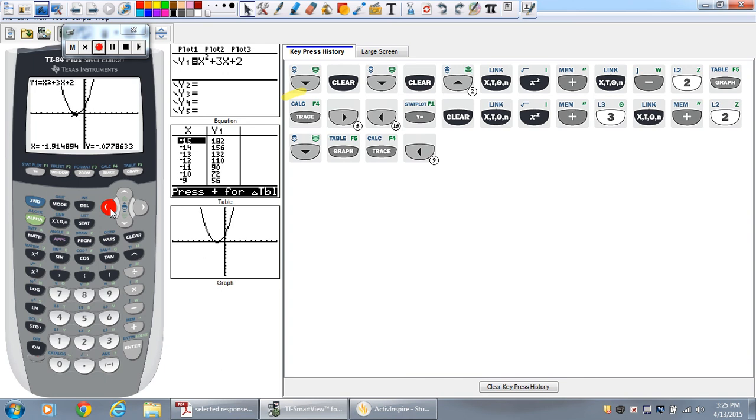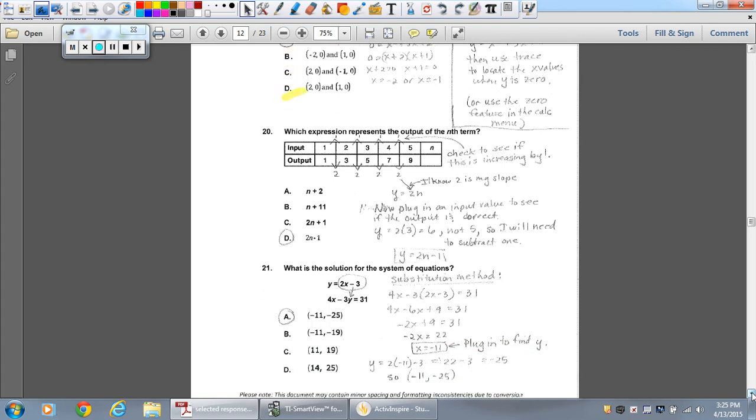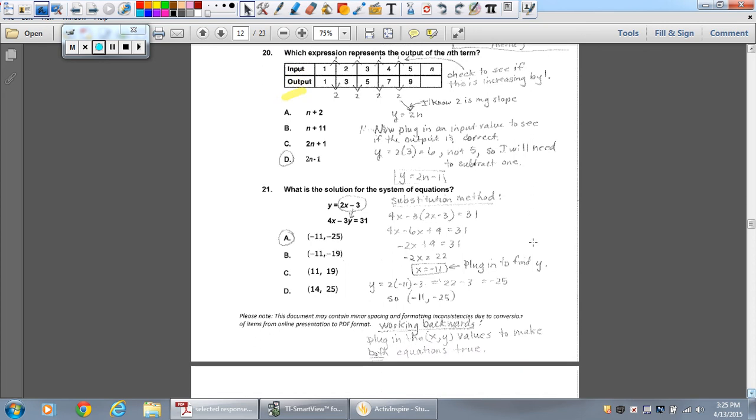And I'm going to see when y is 0 again, or really close to negative 2. So then I can look at my answers, and it seems like at (-2, 0) and at (-1, 0), it is correct. So I could always go through and do the problems and then go back and just check them by graphing. So any of the ones that I could possibly check by graphing, that would be a great way to do that.